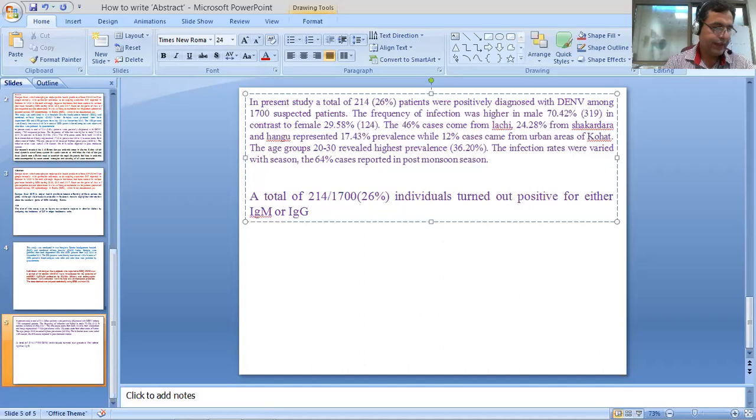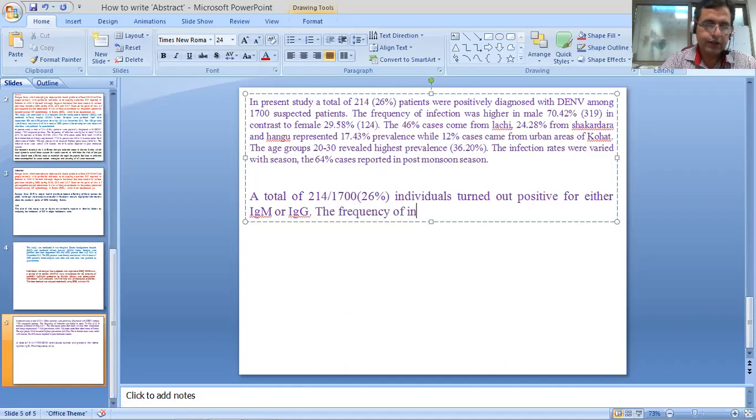Okay, and this is giving me my total results, that how many individuals actually turned out positive for these antibodies, either IgG or IgM.